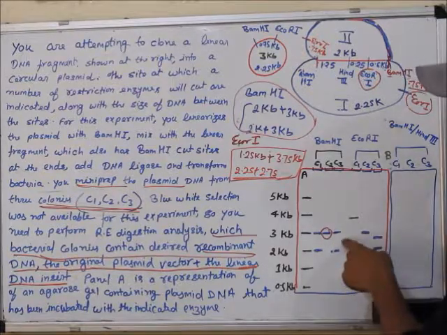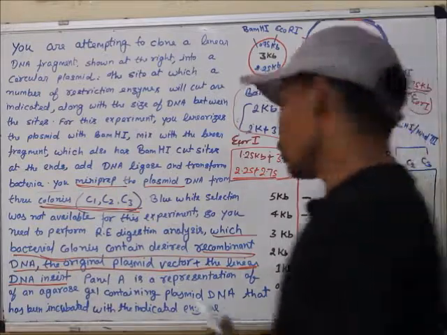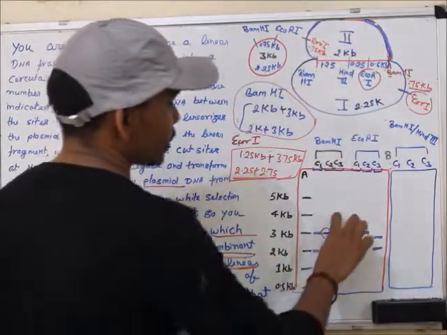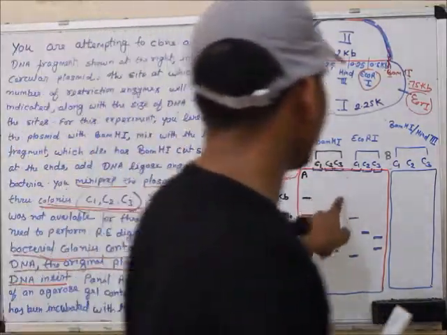And C3 also shows 3 kb and 2 kb bands, which prove that transformation is successful in the C3 bacterial colonies.